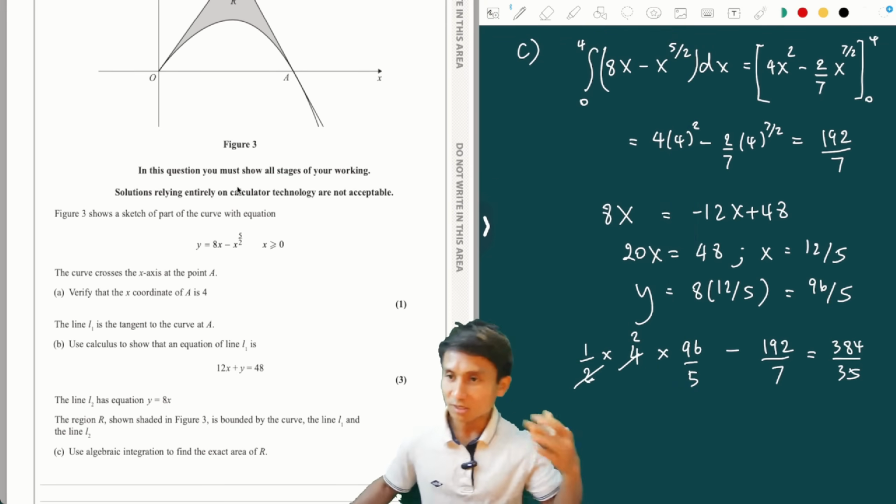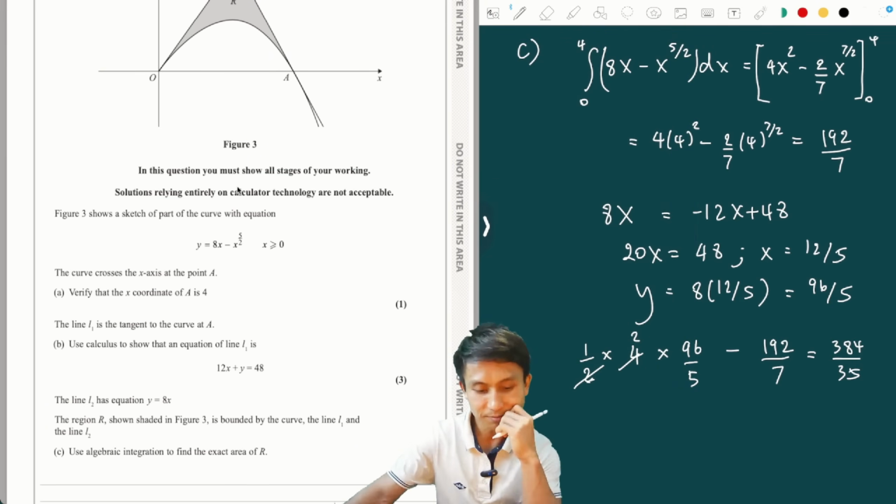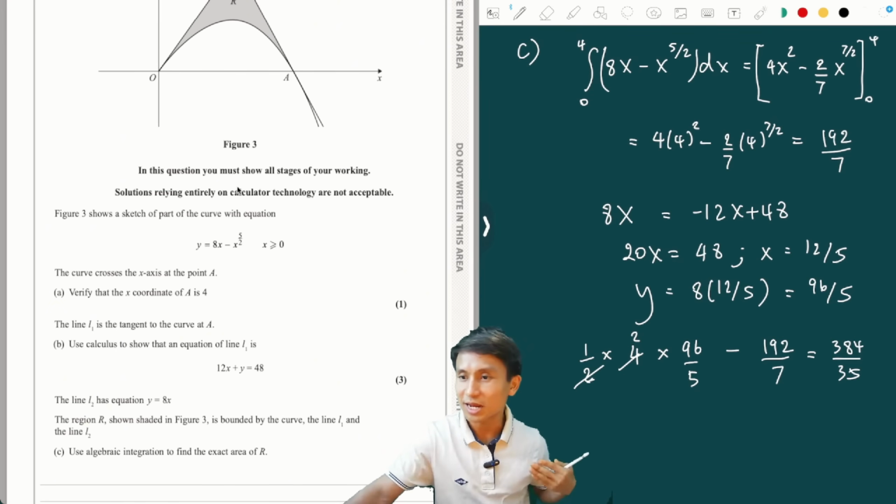But I'm just going to check up here from the integration of the curve. The answer doesn't look that nice, so I'm taking it as a cue that I should double check everything. Okay, I'm doing it now. Quickly, guys, give me some time.